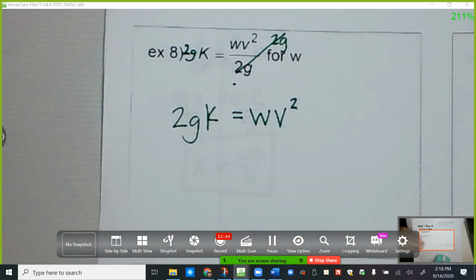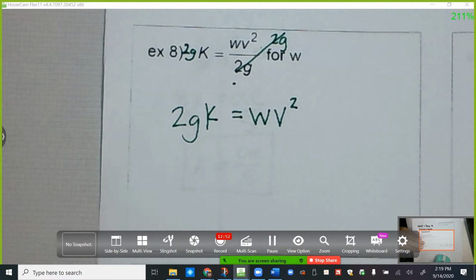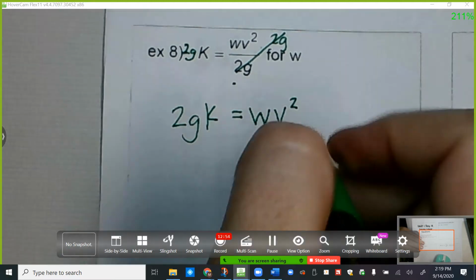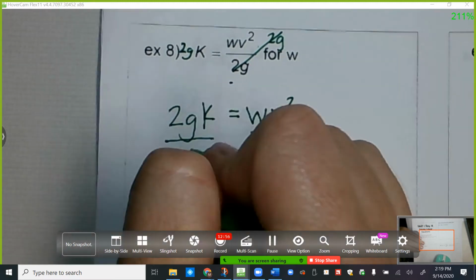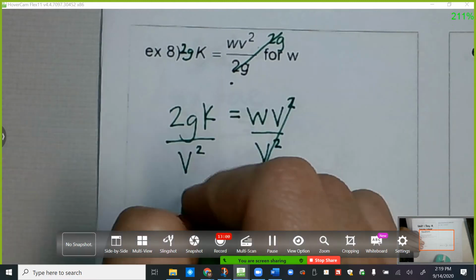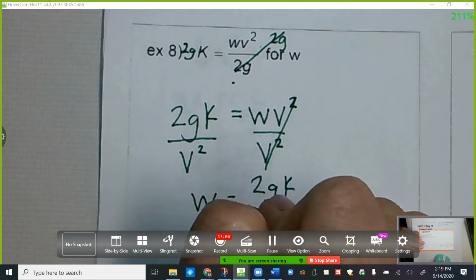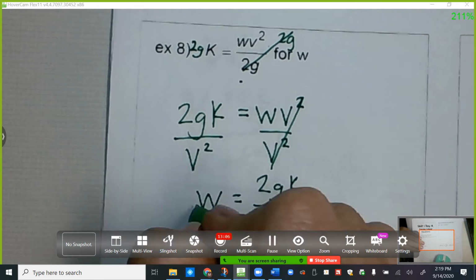Now what do I do? Now, not subtract. When there's no symbol, what's happening? It is multiplying, so what's the opposite? Divide. Those cancel. I get w equals 2gk over v squared.